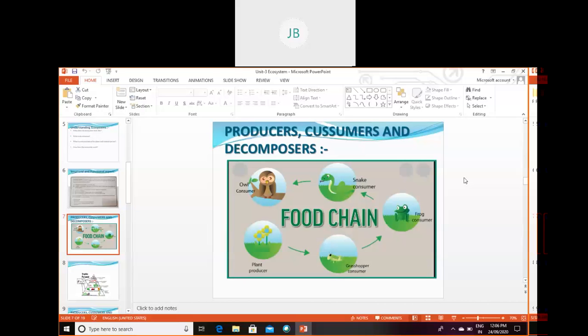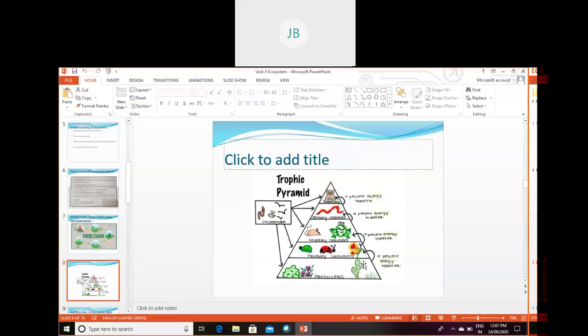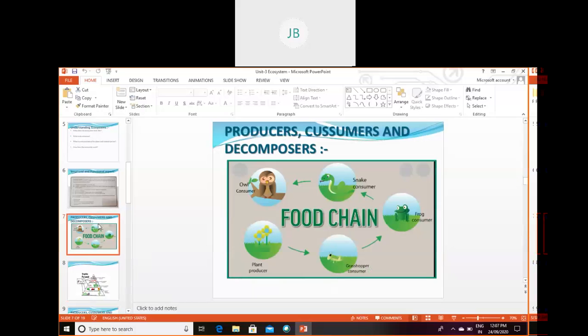Now the second one is the herbivorous animals, those who feed on the producers. Herbivorous animals we call primary consumers. Here you can see the producers and primary consumers, the first and second trophic levels. As they live on the producers, we call them primary consumers.